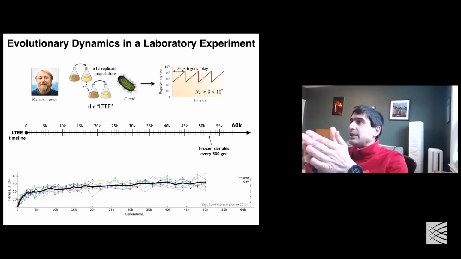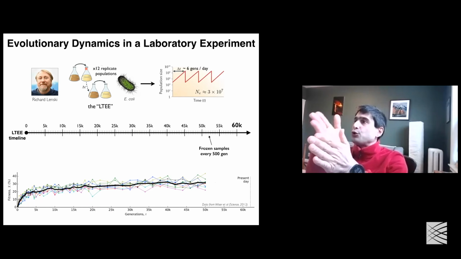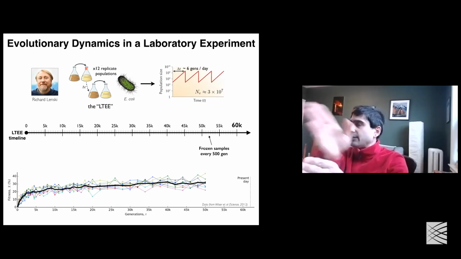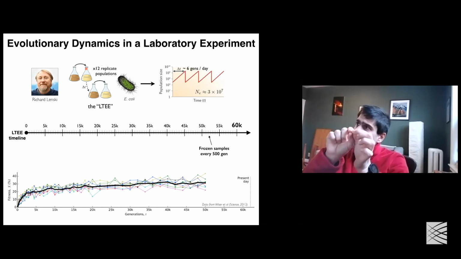And every day, using the neutral marker, you measure the relative frequency of the ancestor with the evolved population. And what you'll typically find is that the evolved population will increase exponentially.